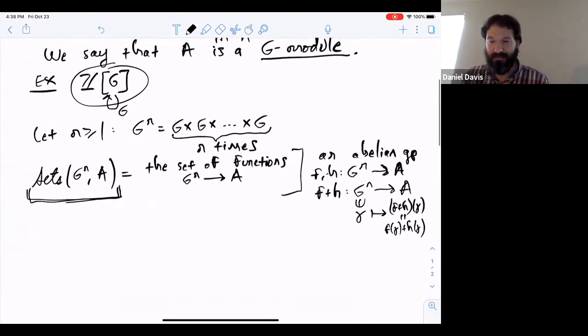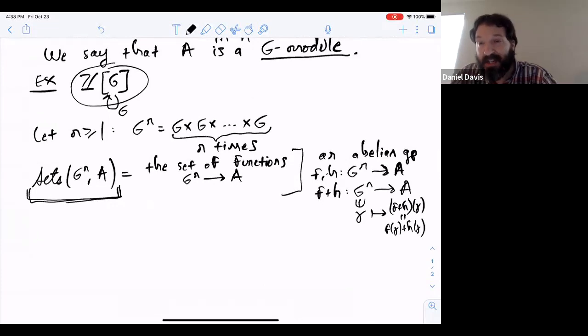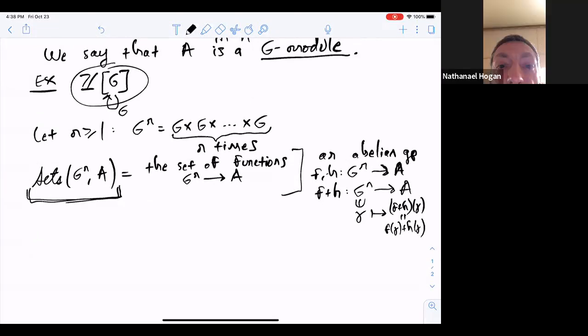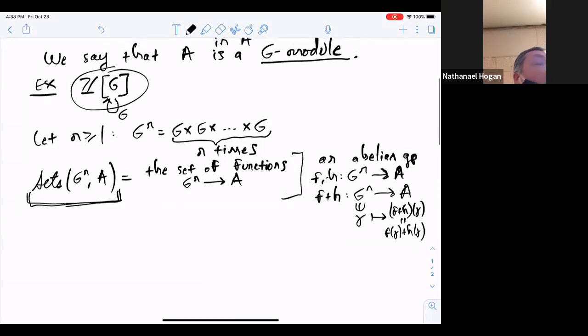Excuse me. Yes. So is this the category? Is that a category? The set of functions from G^n to A? Is that set actually a category? Well, I think here it's just an abelian group. Well, okay, yeah, sure.